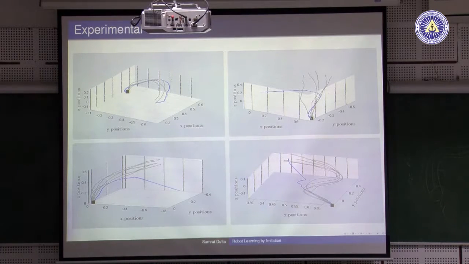These are a few results. These are all experimental results. This is the end effector trajectory, where the gray lines are basically the demonstration. I have shown the robot how to move inside the workspace from this starting position to the target, which is the black square, and the blue one is the reproduction of the motion model. See how it is working outside the region of demonstration.